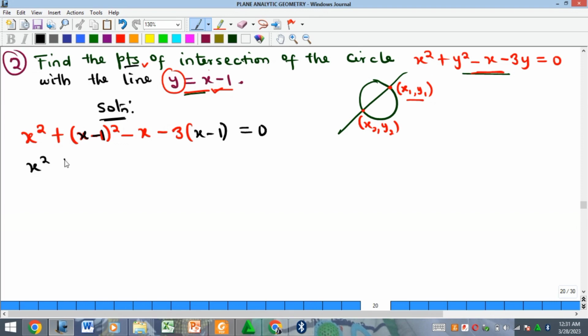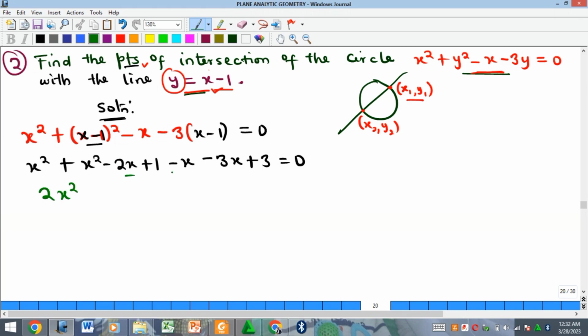So this is x squared plus, expanding this bracket, x squared minus 2x plus 1. And here we have negative x, and if you open the last bracket, you get minus 3x and then plus 3, and that is equal to 0. From here we can collect like terms, and this will give us 2x squared.